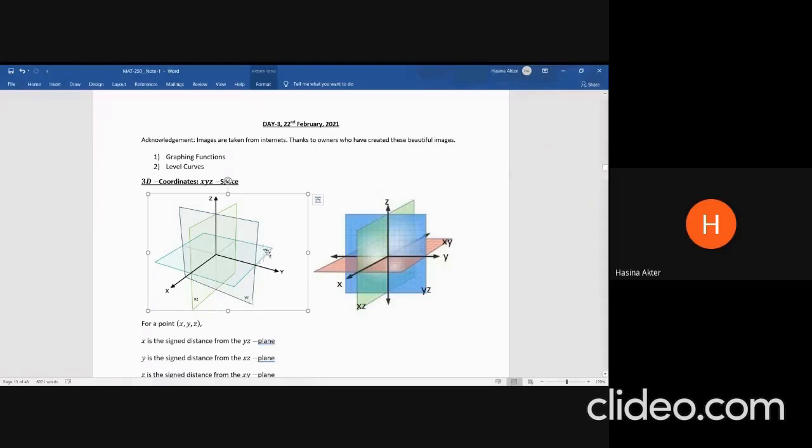When you have the XY plane and YZ plane, that line is denoted by the Y axis. When you have XZ and YZ, the intersection is the Z axis. When you have XZ and XY, then the intersection is the X axis. Do you understand this?